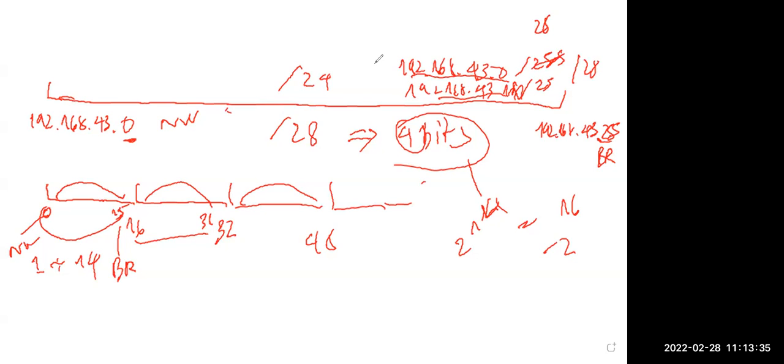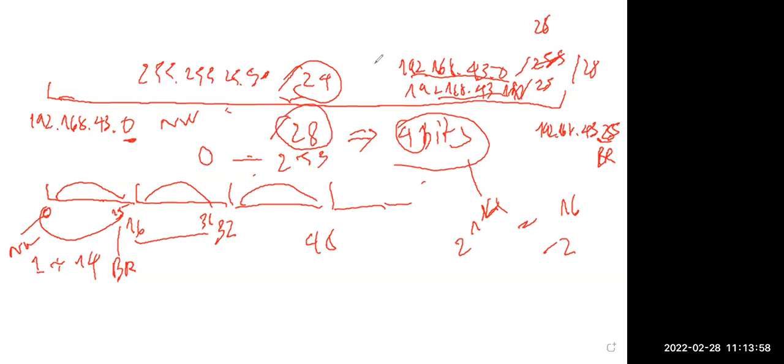What tells you how many host addresses, and what the range of the network is? Whenever you borrow something, you change the subnet mask. At the beginning, slash 24 is 255.255.255.0, which means the range is everything from 0 to 255.